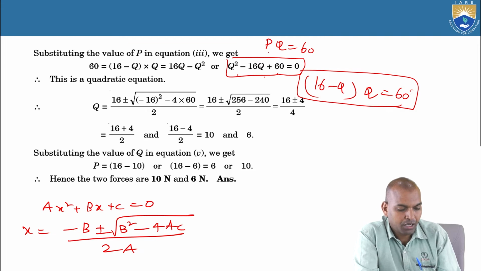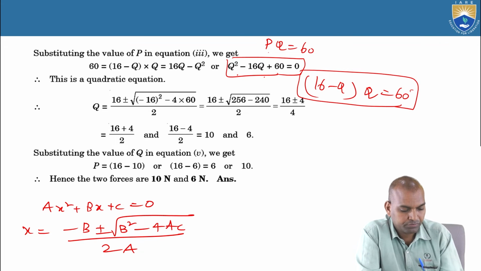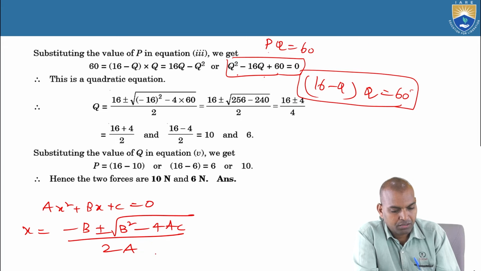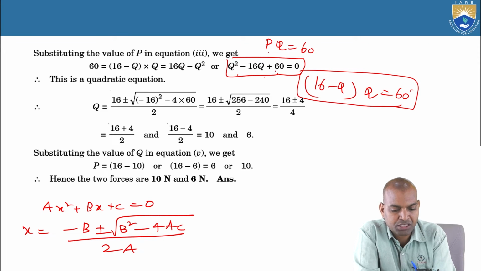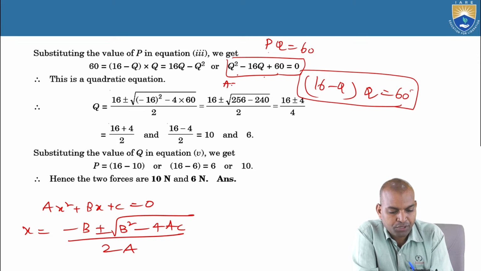Now, by using this formula for the equation q square minus 16q plus 60, what are the values? a equals 1, b equals minus 16, c equals 60.